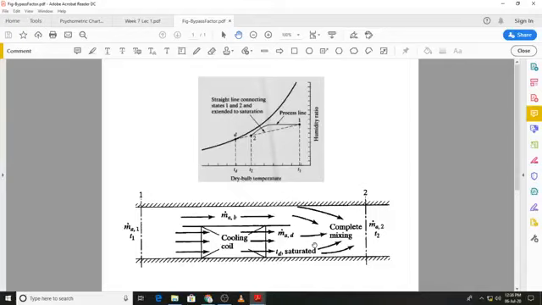m dot a is at a temperature T1. You can see over here, this is m dot a over here. And the other stream is at a temperature Td.